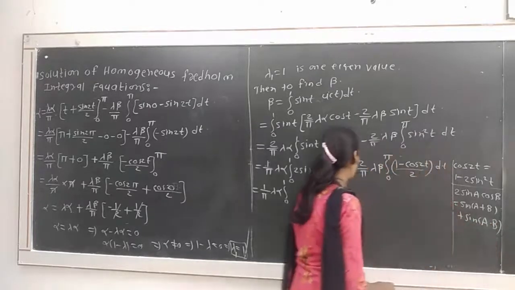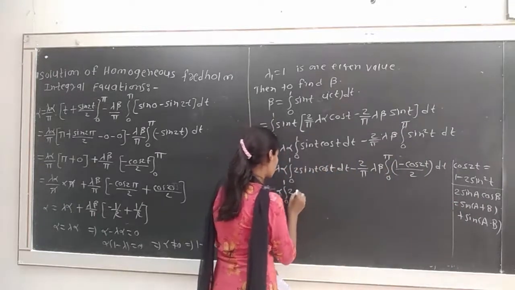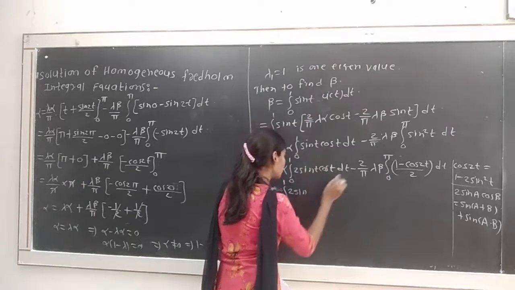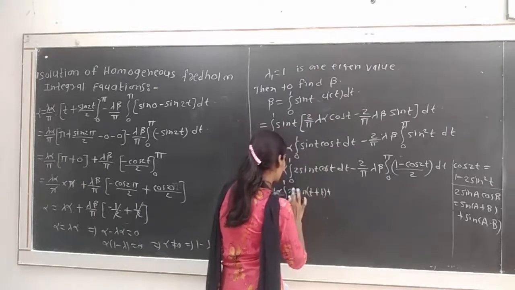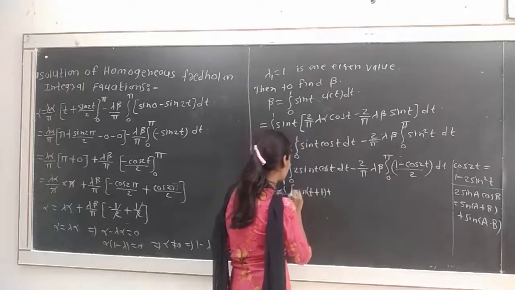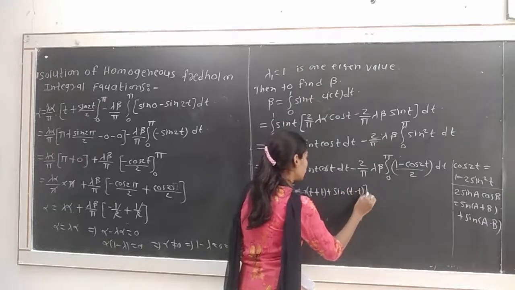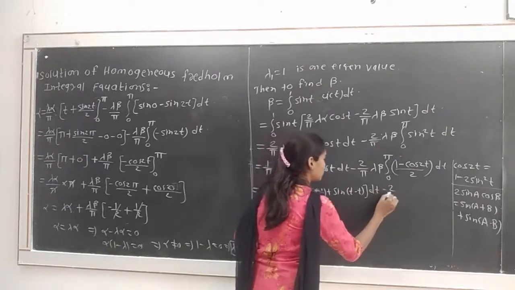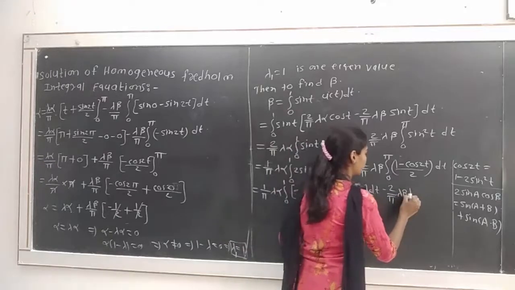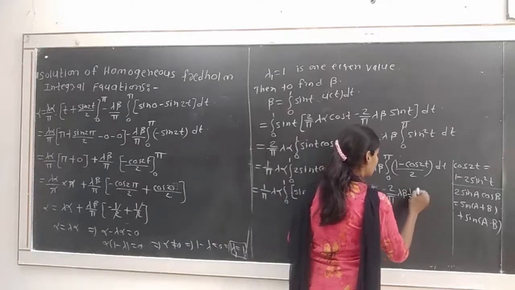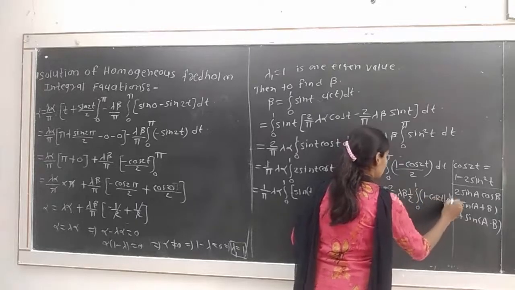Okay, so using this formula you can write these terms. So 2 sin a cos b, here a and b are t, so sin of t plus t, we write in bracket, plus sin t minus t dt. Minus 2 by pi lambda beta, or we take this 1 by 2 outside, so in integration 0 to 1, 1 minus cos 2t into dt.